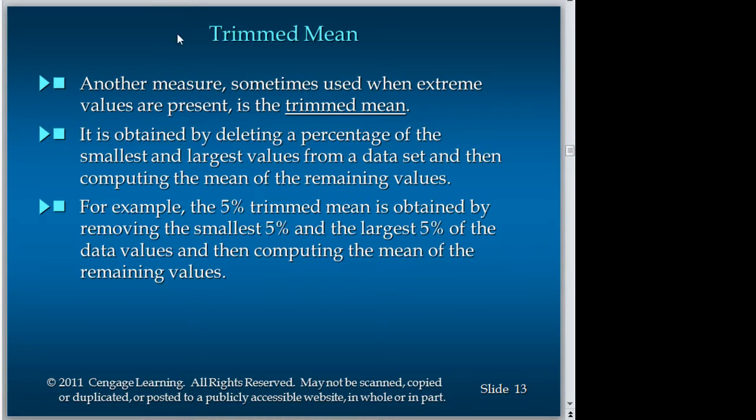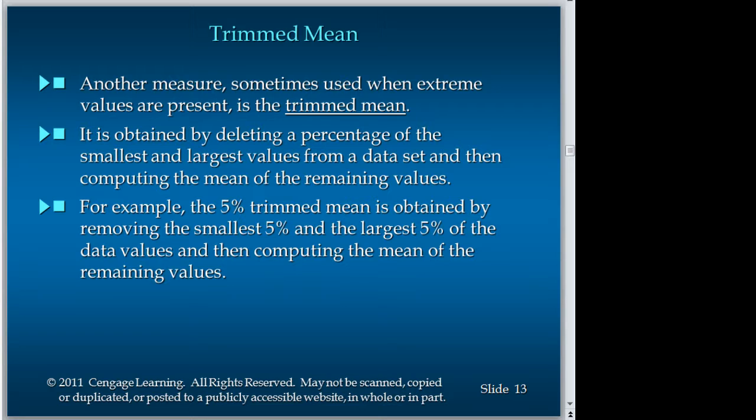Now, there's a trimmed mean, meaning you cut off, say, if you say 5% trimmed mean, that means you cut off the bottom 5% and top 5%. That's a trimmed mean.